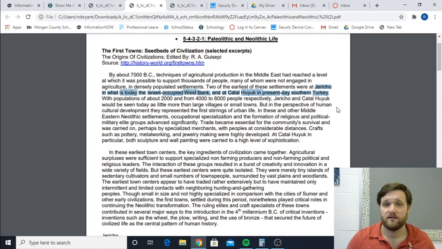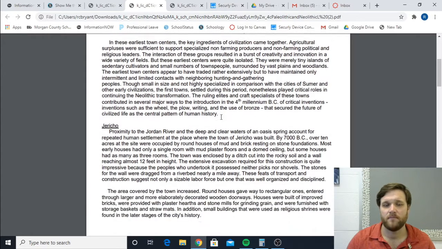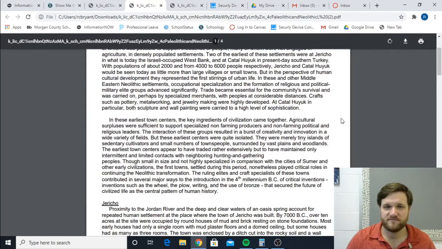And then I always mispronounce this, so give me leeway, but Catalhyuk. And this is what is present day southern Turkey. But these are two areas that grew due to the agriculture of the area and the resources that were available in the area. So read this very first part first.